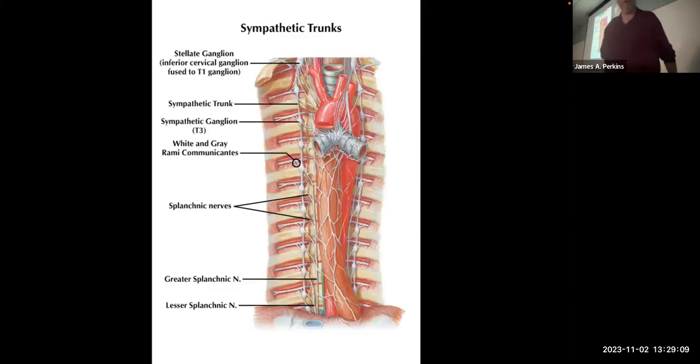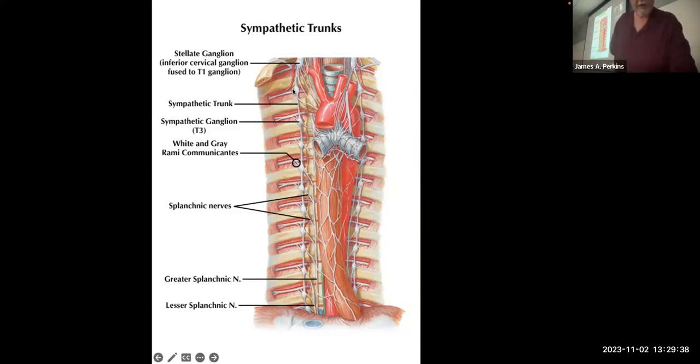Yeah. All right, so this is why we're talking about the autonomic system now, because you're going to see the sympathetic trunk in the cadavers today as part of your dissection of the posterior mediastinum. So there's the sympathetic trunk, just this string of ganglia, which lies just a little bit lateral to the vertebral bodies. In fact, it sits kind of right at the junction of the vertebra and the rib at each level.